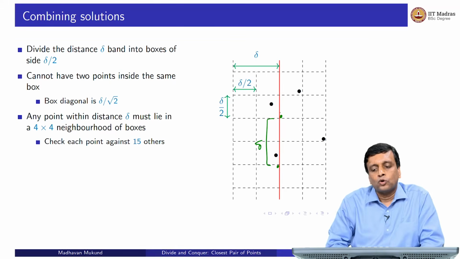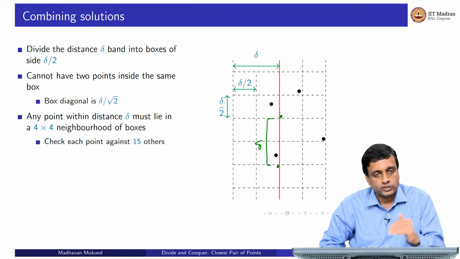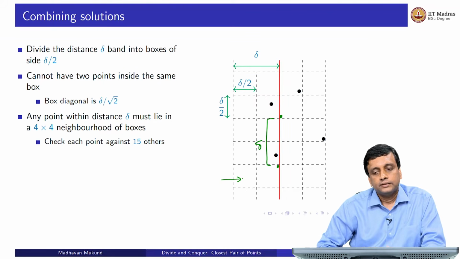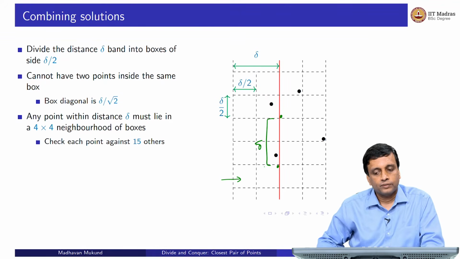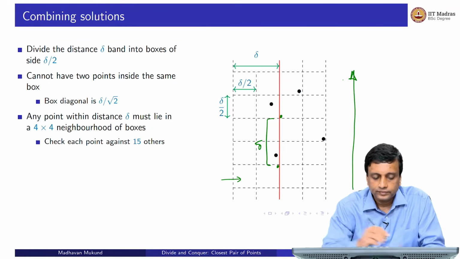So this is about the closest I can get while being far away in terms of the boxes. Right. So the point is that if I start in this row, right, technically I cannot go more than 3 rows above. Right. I cannot even reach the third row, but this is just to be safe. Now let's look at our points in the y direction. So we have points which are sorted in this direction.